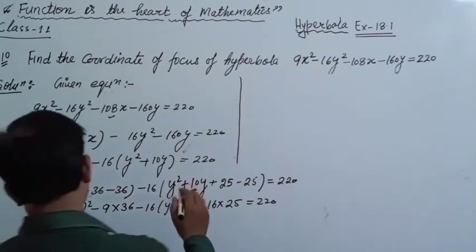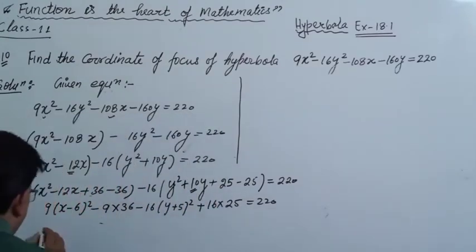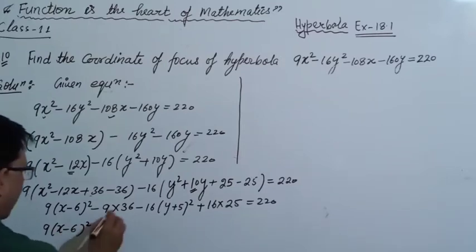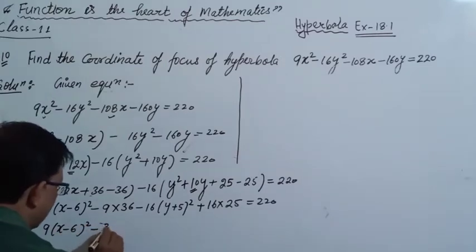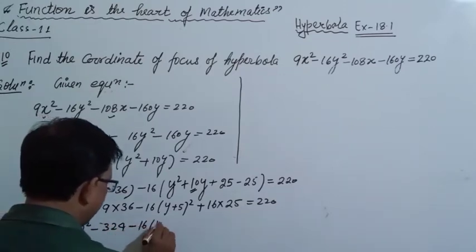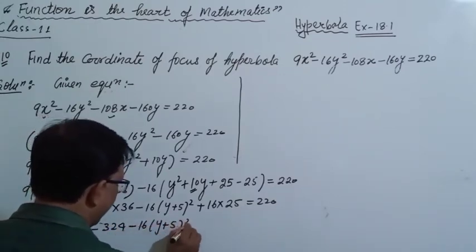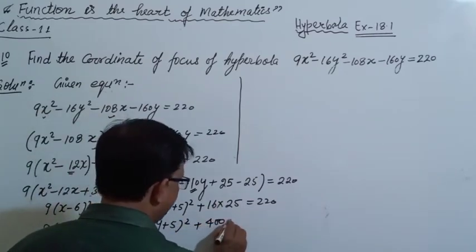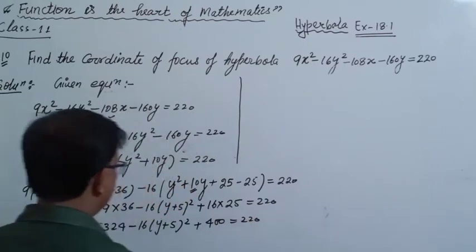Now student, this becomes 9 times (x minus 6) whole square minus 324, and minus 16 times (y plus 5) whole square plus 400, equal to 220.